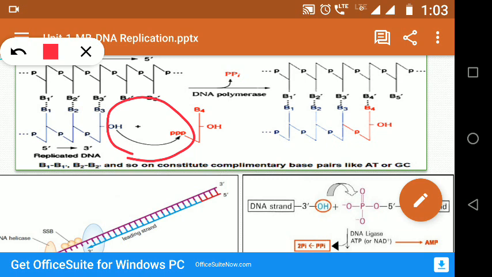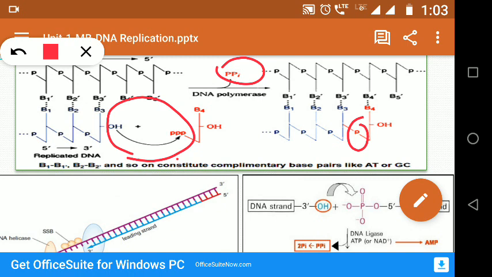So during the formation of the phosphodiester bond, what happens? 2 phosphates in the form of PPi, inorganic pyrophosphate, are removed and only 1 phosphate will be present between the 2 nucleotides. So that is known as a phosphodiester bond.